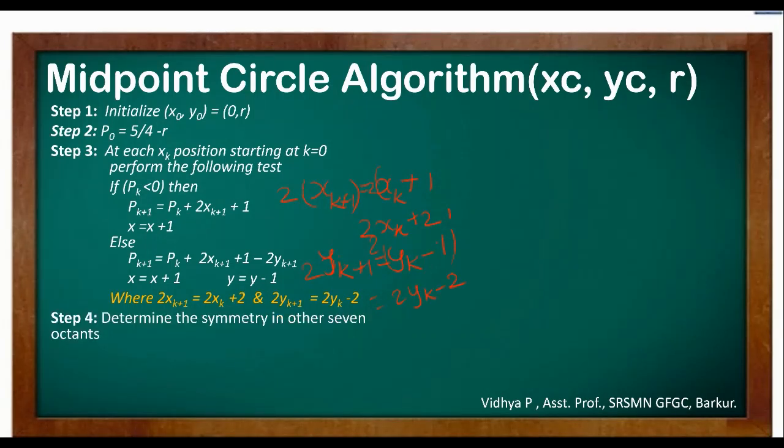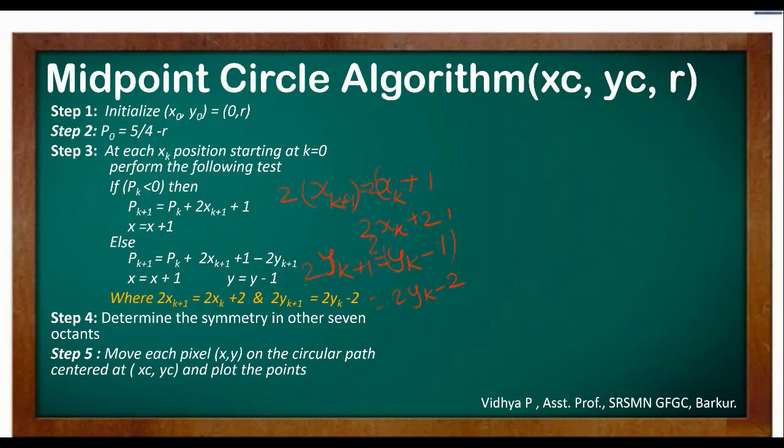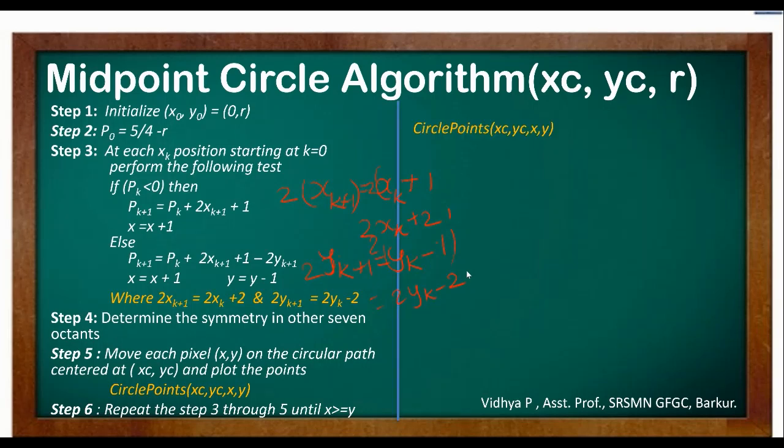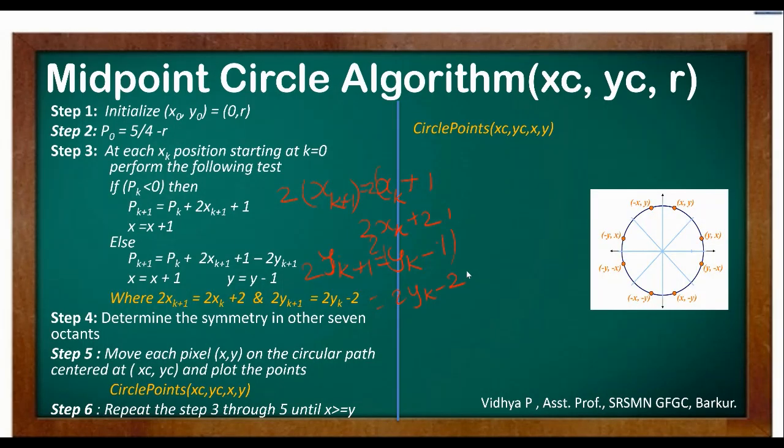Now, after calculating the point x comma y, we determine the symmetry in the other 7 octants and we plot the points using the circle points subroutine, and we repeat these steps again and again till we reach x equal to y. Let us see what this circle points is. This circle points routine is based on the 8-way symmetry of a circle.